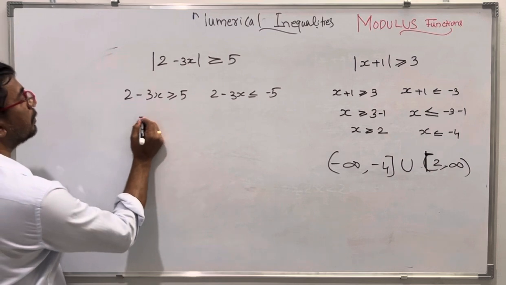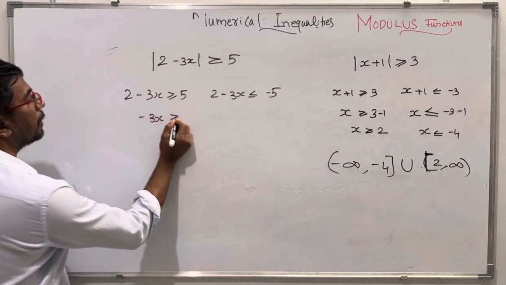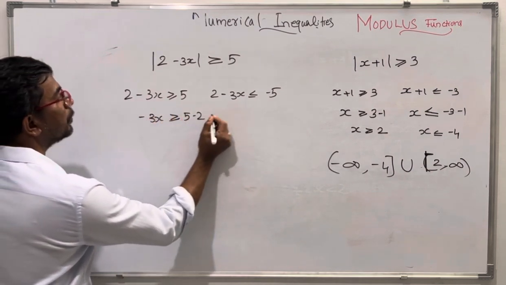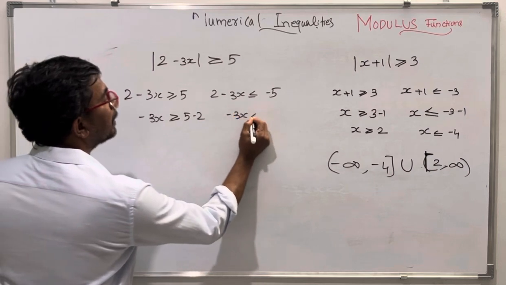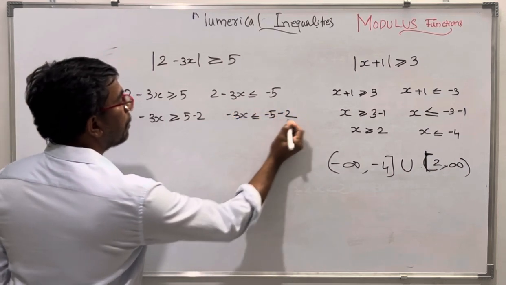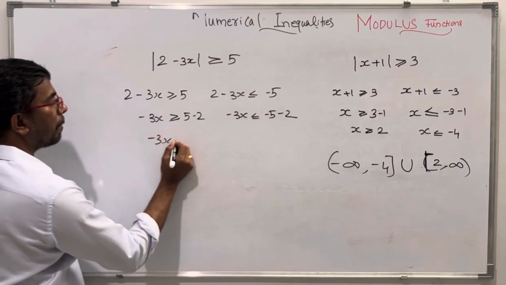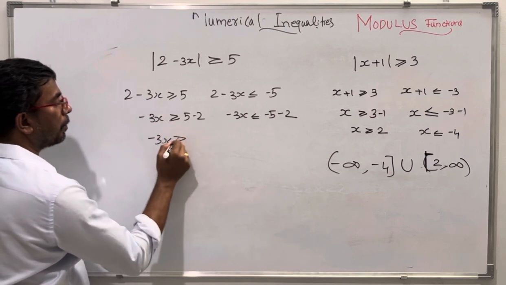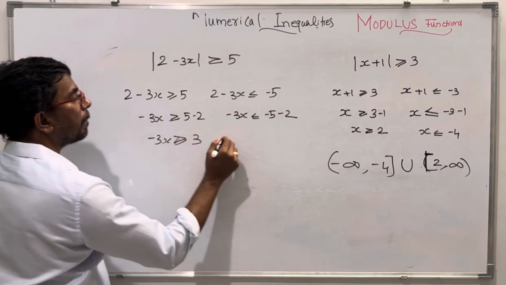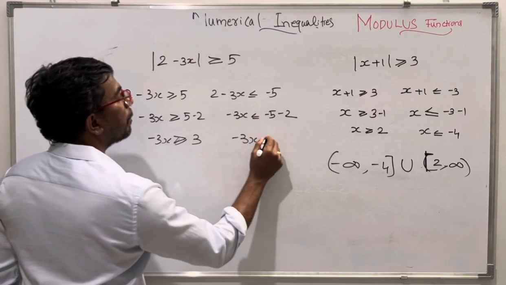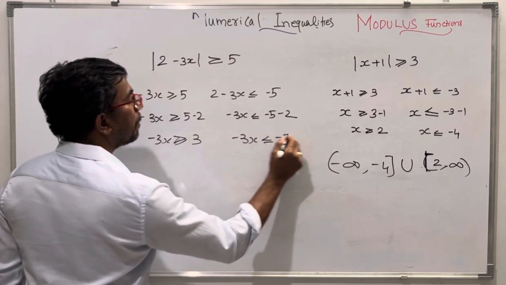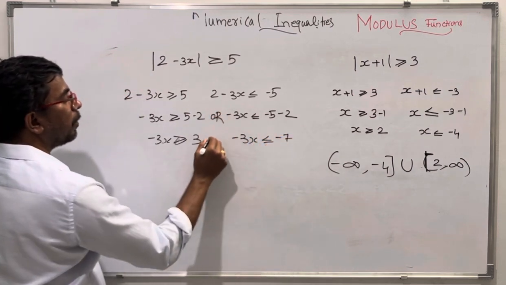So take to this side: minus 3x greater than or equal to 5 minus 2, and minus 3x less than or equal to minus 5 minus 2. So here there is an or.